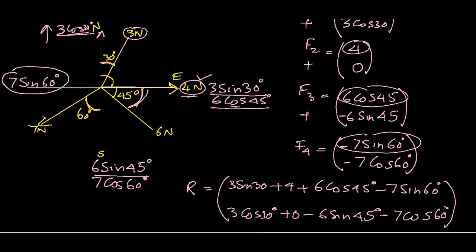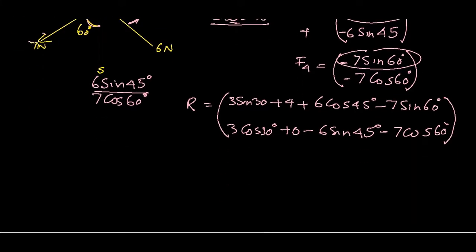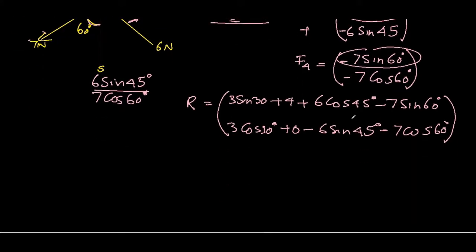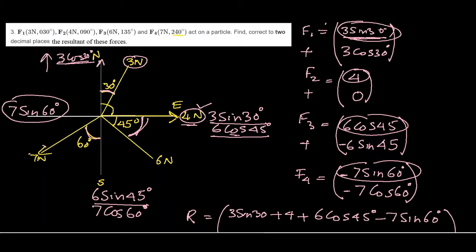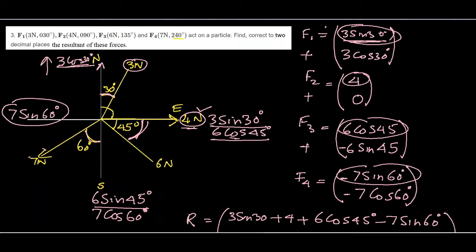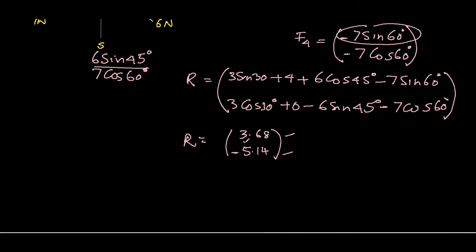Alright, and now we'll use the calculator to find the total of all forces in each component. So I got these components when I used my calculator. Now the question was, find the resultant correct to 2 decimal places, and these are the components of the resultant.